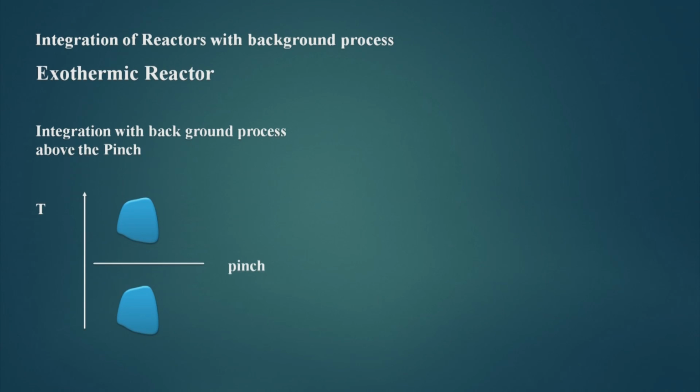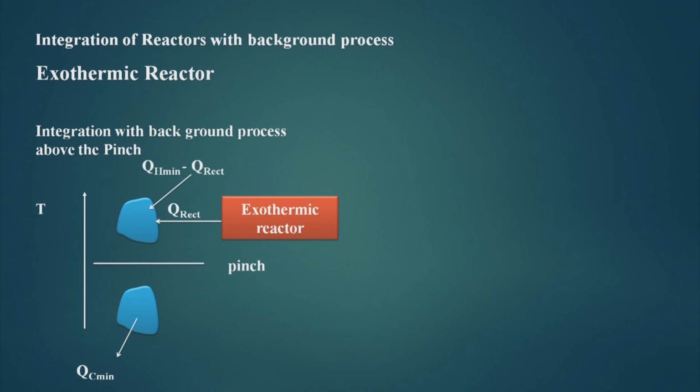Now, integration of reactors with the background process. If I have an exothermic reaction, then integration above the pinch is beneficial, because an exothermic reactor has a large amount of energy available and needs cooling.